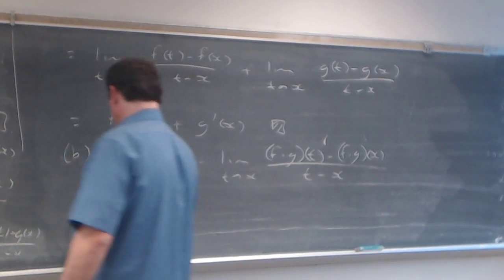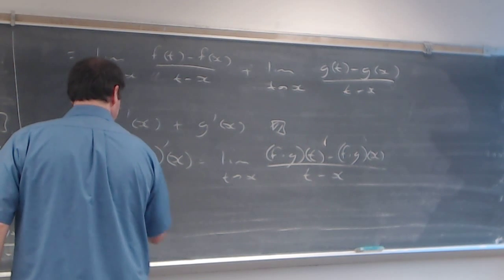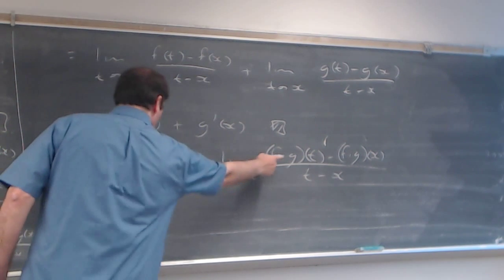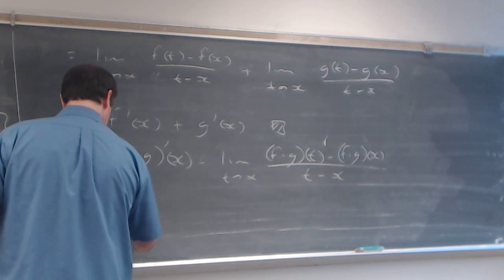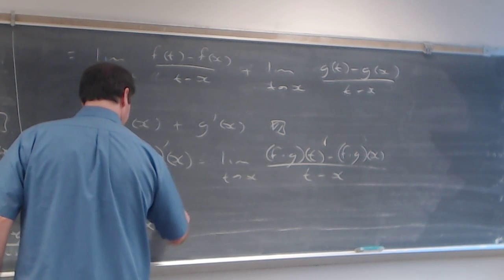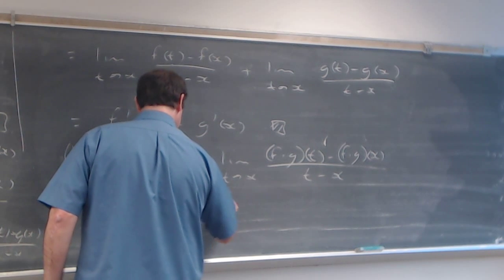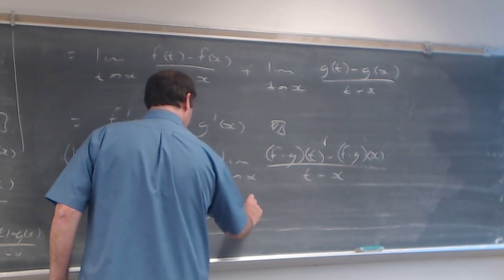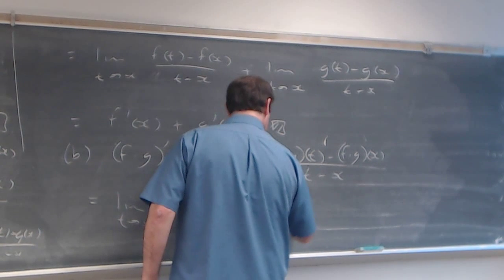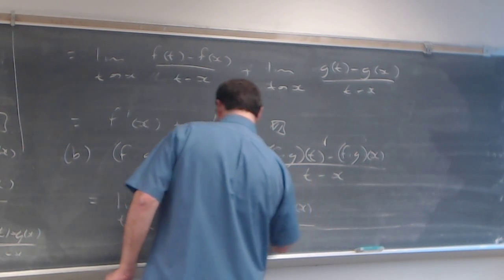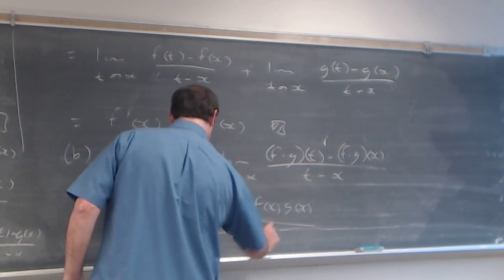And then using the definition of multiplication between two functions, that's the limit as t goes to x of f of t times g of t minus f of x times g of x all over t minus x.